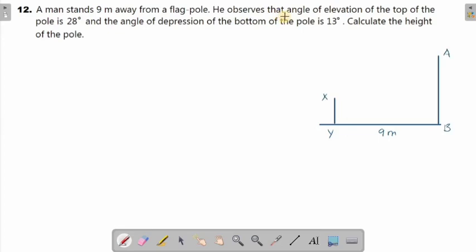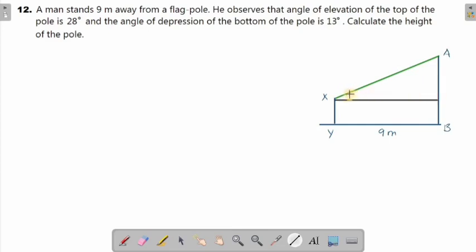He observes that the angle of elevation of the top of the pole is 28 degrees. That means the man, obviously, looks from X only, right? Because X is the head. If the man looks at the top of the flag post, then for the angle of elevation, let me draw a parallel line for finding the angle of elevation.